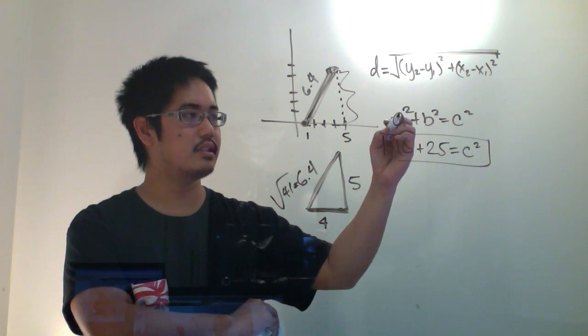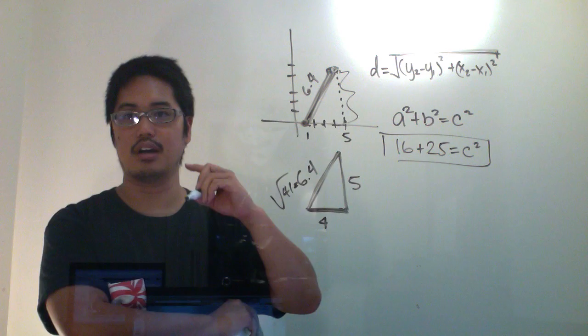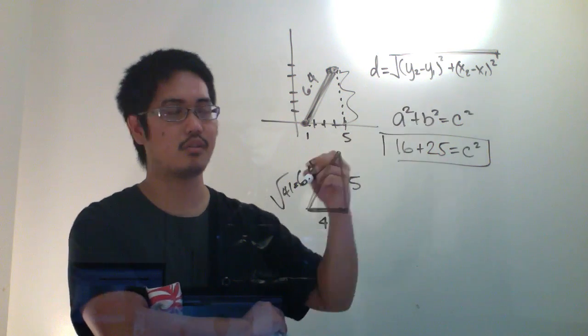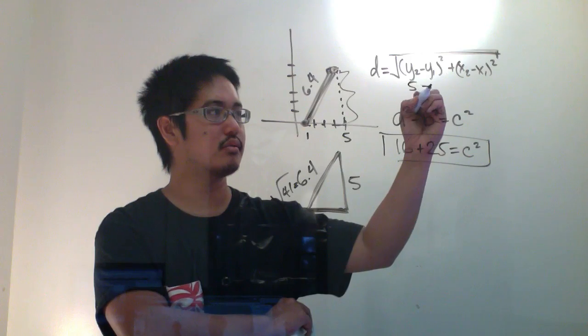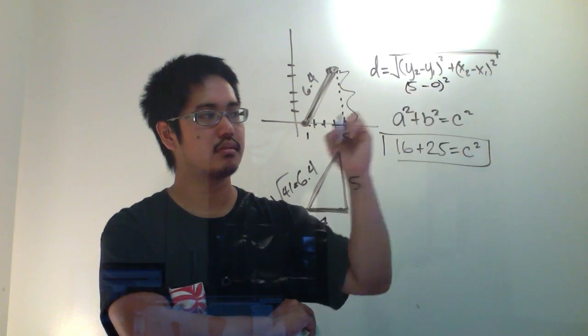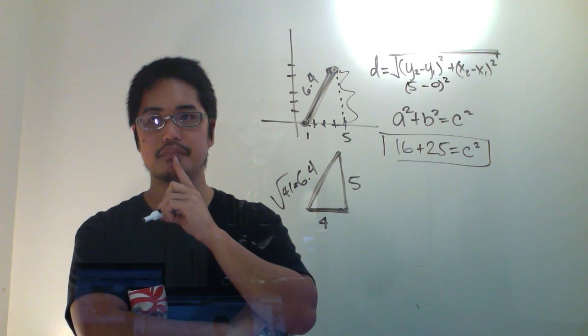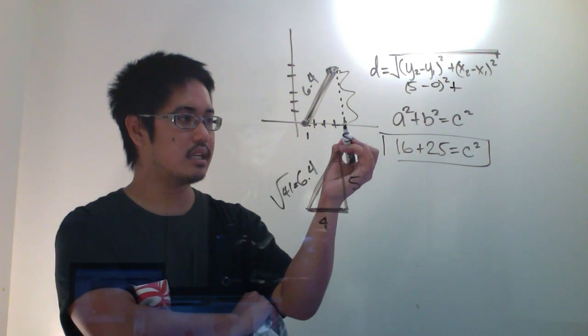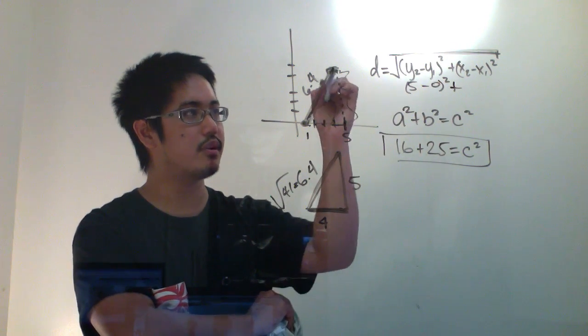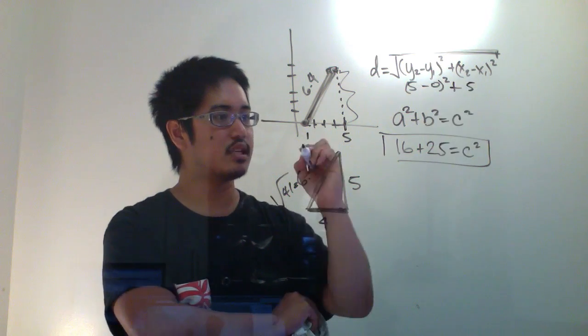So let me plug things into the distance formula. This is the distance formula. Ready? The y2 is 5. The y1 is 0. Plus the x2, the x value of this point right here, is 5. The x1 is 1.